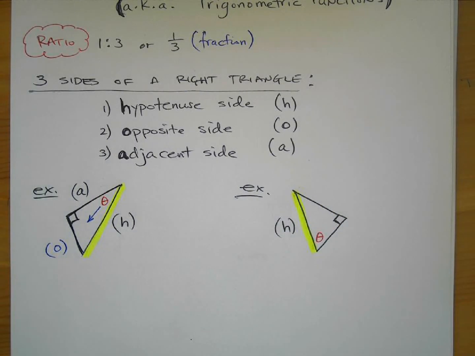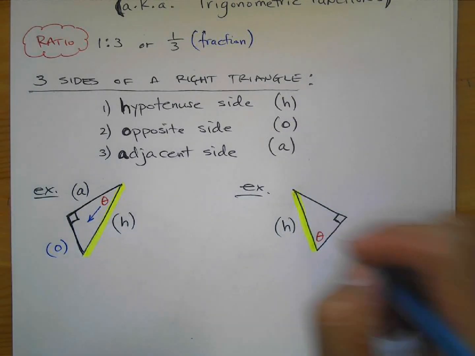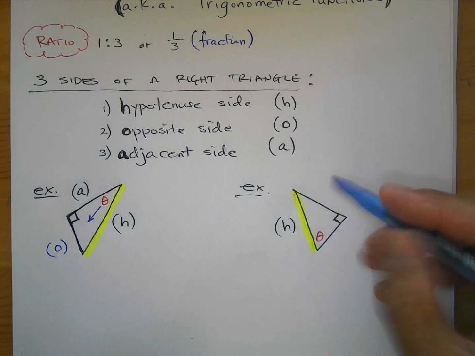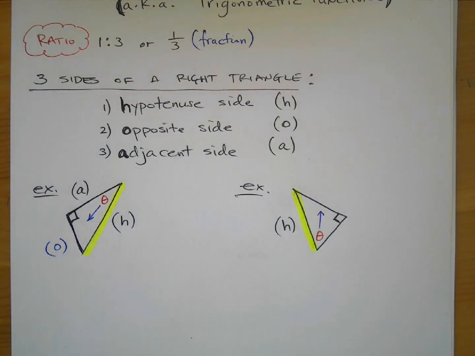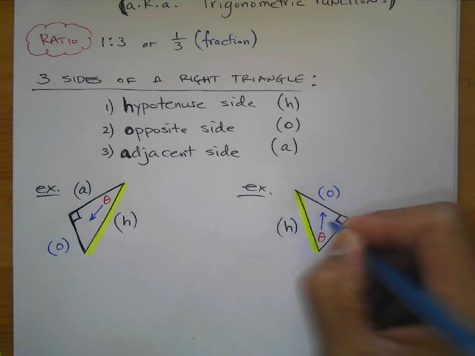Always, always, always. And make sure you actually write those letters in. Don't just try to keep them in your head. Even though it's simple for a couple of you, just have good practice. And then again, find where the angle is. Draw the arrow that points across, or opposite. The side opposite is the one that you're going to label O, opposite of the angle.